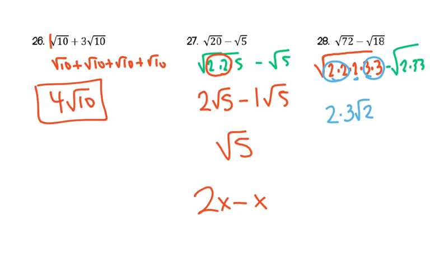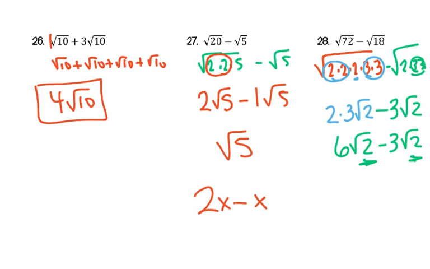And then subtracting, I'm going to have a pair of 3's come out. So I have 6 square root of 2 minus 3 square root of 2. So since my radicals are the same, it's like if you have 6x minus 3x. If I have 6 of something and I take away 3 of them, I'm going to be left with 3 of them.